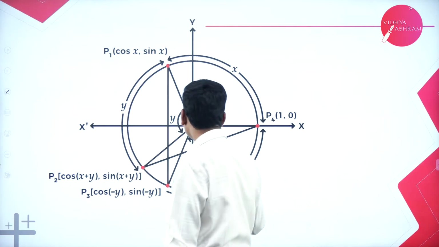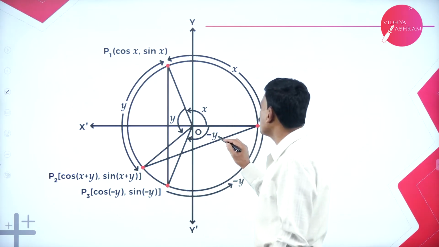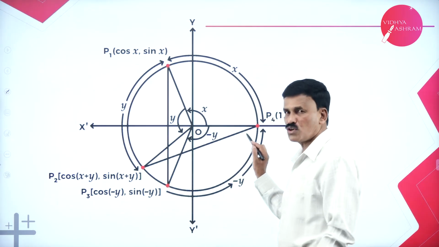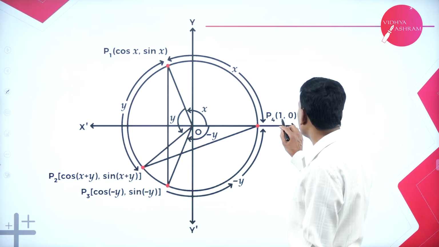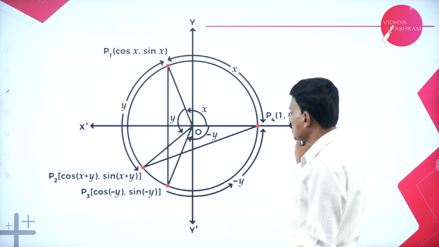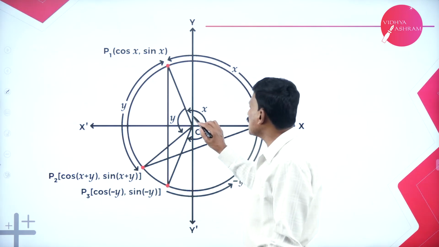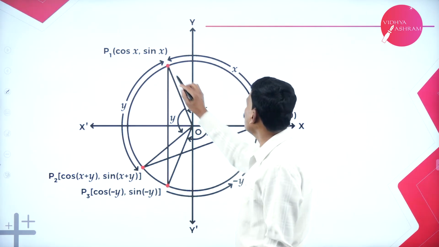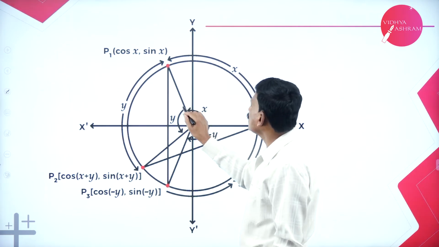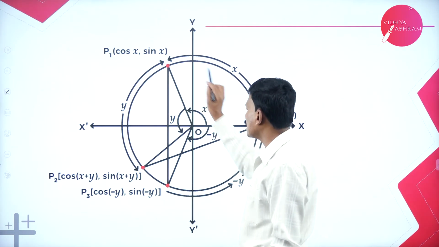So let us consider a unit circle with O as center. Therefore the coordinates of P4 are 1 comma 0 since it is a unit circle. If x is the angle between P1O and P4, then the coordinates of P1 are cos x and sin x.